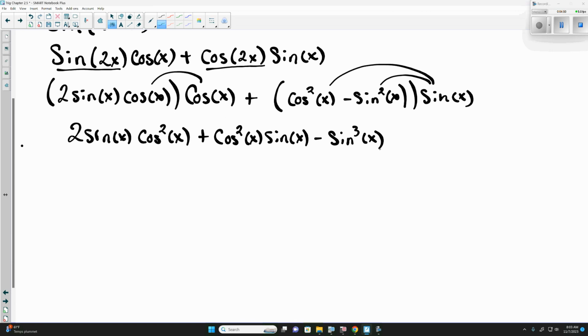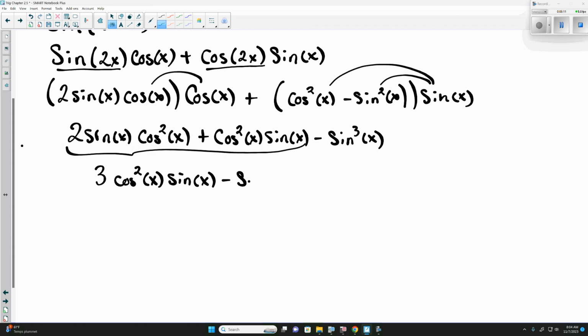Our first 2 terms, 2 sine of x cosine squared of x plus cosine squared of x sine of x. Those, for all intents and purposes, are the same, yes? So really, we can combine these here, giving us 3 cosine squared of x sine of x minus sine cubed of x.